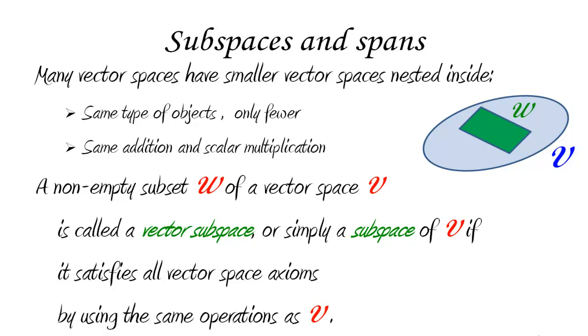So all we're doing is throwing away some of the elements of V and keeping only a few of them, the ones that we're actually interested in. So it's basically just the idea of a subset. Take a small piece of it, but do it in such a way that all the axioms continue to be maintained.